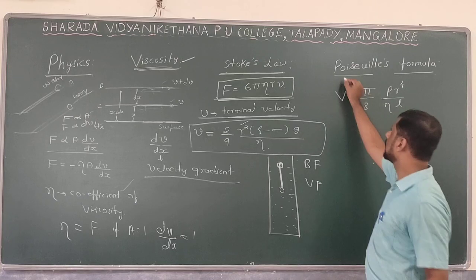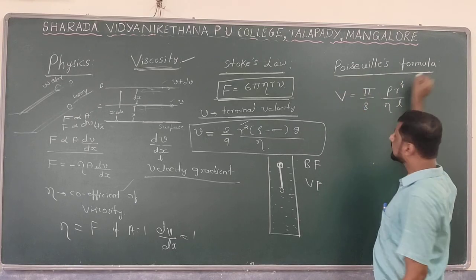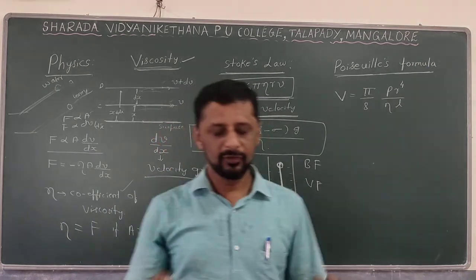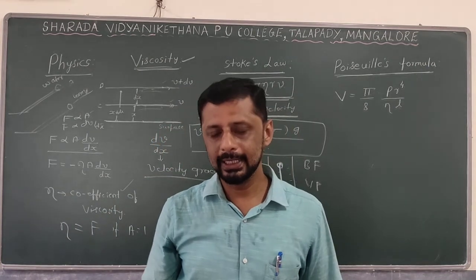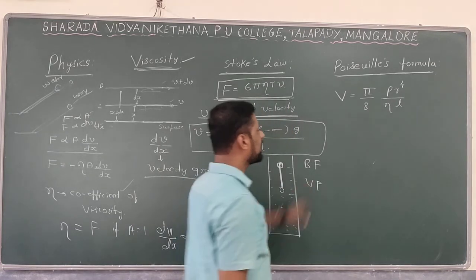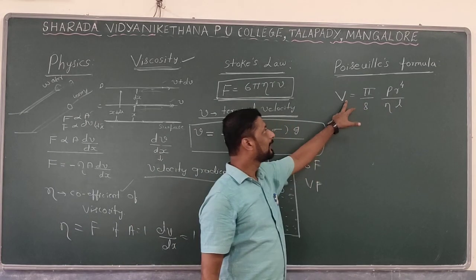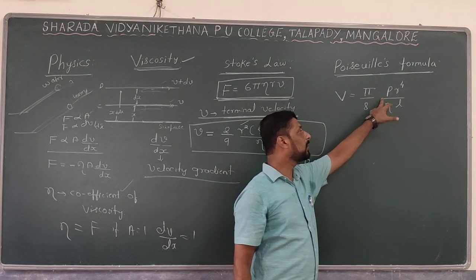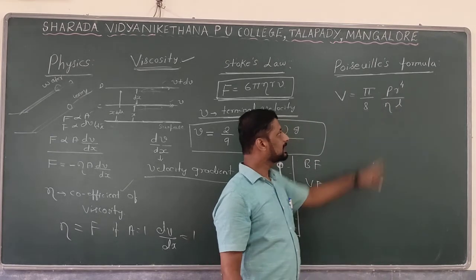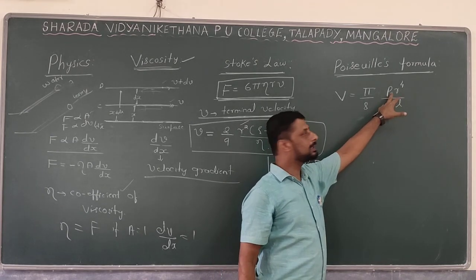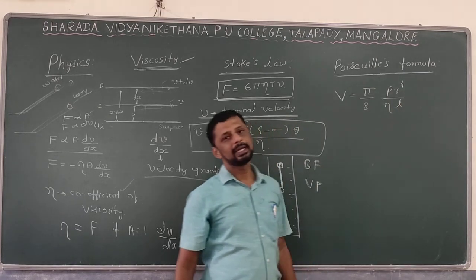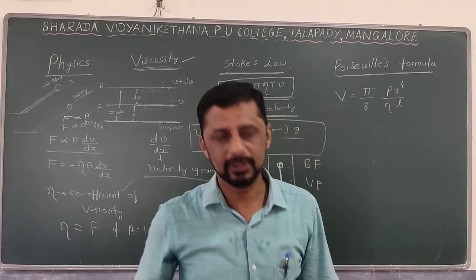Next, Poiseuille's formula. Poiseuille's formula gives the volume of the liquid coming out of the tube. If you consider a tube whose two ends are maintained with some pressure difference, then the volume of the liquid coming out of the tube is given by V is equal to pi by 8 into P into R to the power of 4 divided by eta into L, where P is the pressure difference between the two ends, R is the radius of the tube, L is the length of the tube, and eta is the coefficient of viscosity.